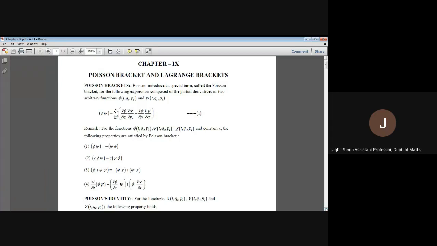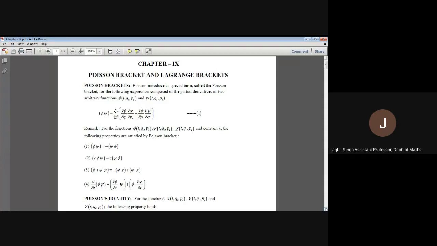Now all of you know the derivative of a·y is a times the derivative of y. So it will be c ∂φ/∂qi ∂ψ/∂pi minus ∂φ/∂pi, c ∂φ/∂pi ∂ψ/∂qi. c can be taken as the common part and the right hand side is obtained.